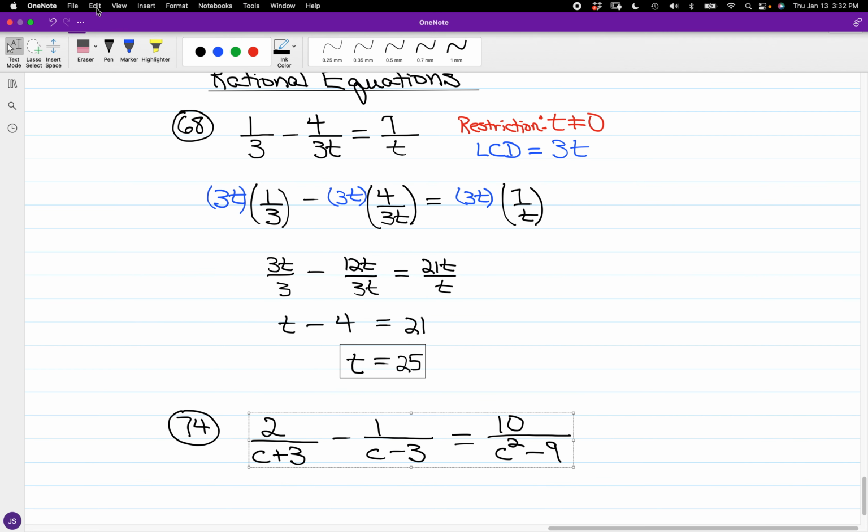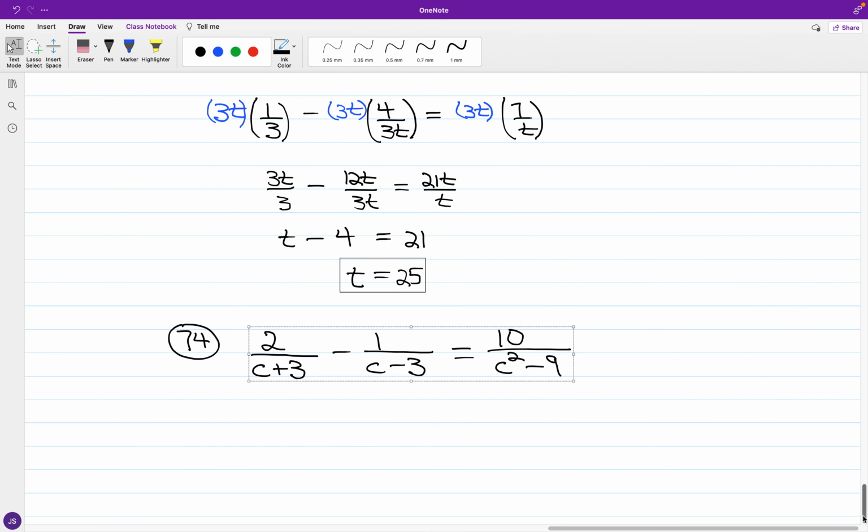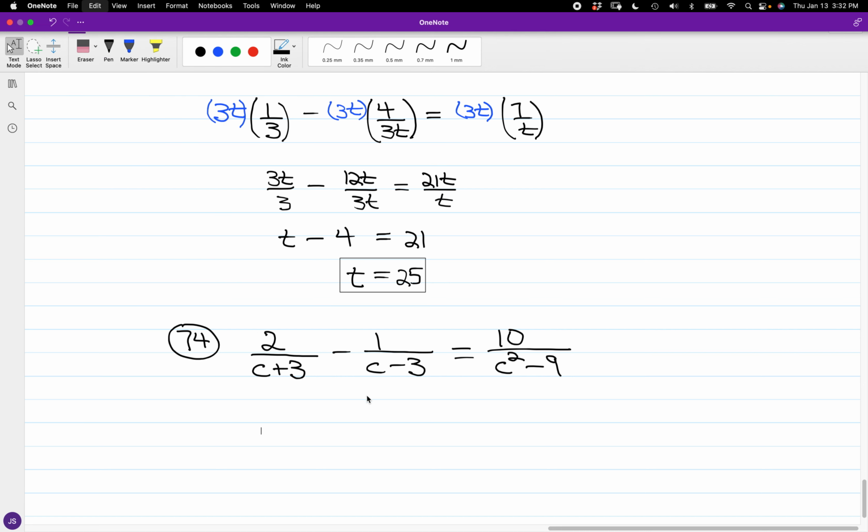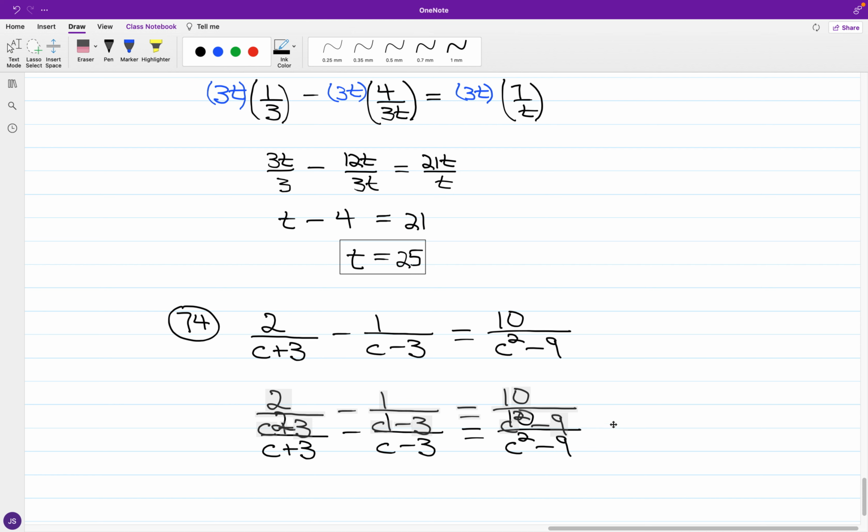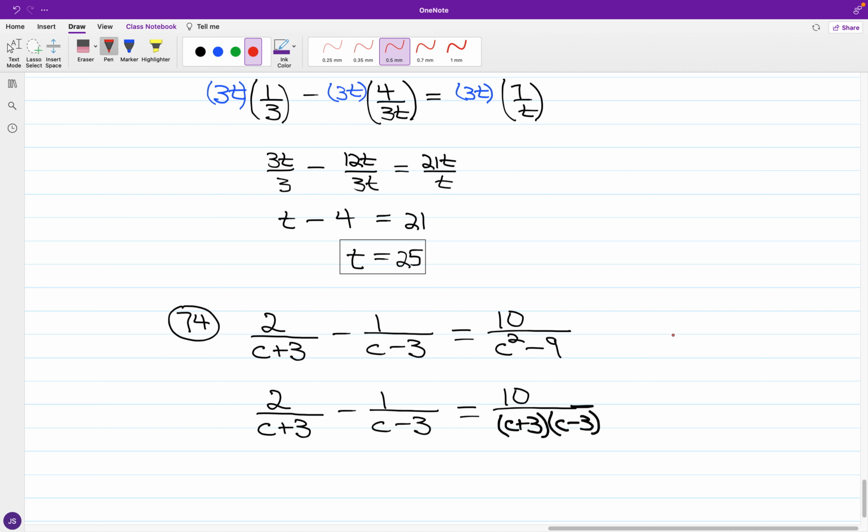Now the work is going to get a little bit crowded. If you notice, c squared minus 9 in factored form is the quantity c plus 3 times c minus 3. And again, some of the conditions: whatever we have for c, we cannot have any of these denominators equal to 0.